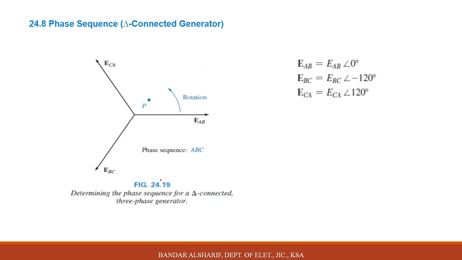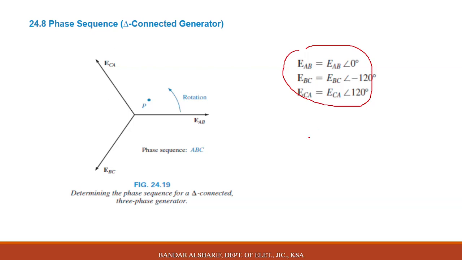Here you can see the phase sequence, section 24.8, delta connected generator, similar to the Y connection as we mentioned in the previous slide. There is ABC, and the angle and the magnitude are as written here. For phase B, BC, our value for EBC is minus 120, ECA plus 120.